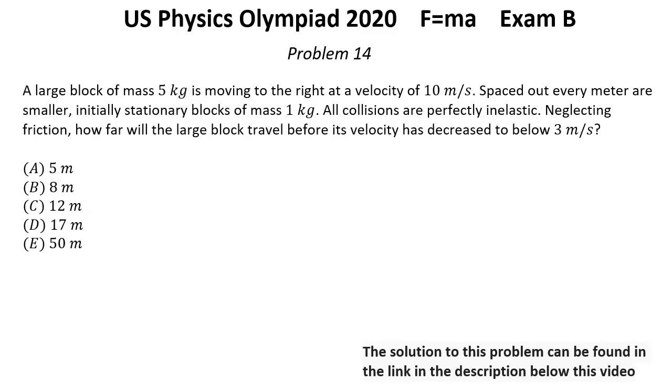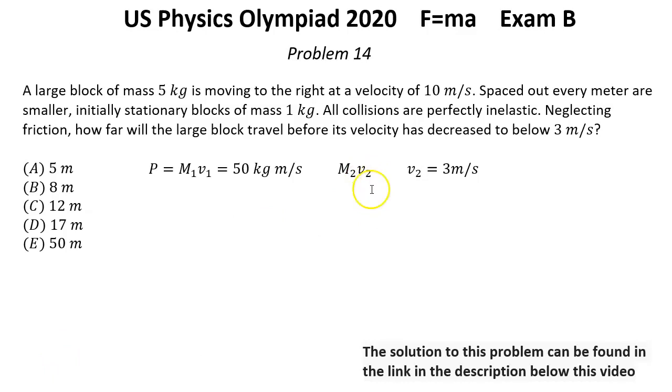Here we have momentum conservation. It means that the full momentum equals the mass of the large block multiplied by its initial speed, which is 50 kg meters per second. It means that total momentum is conserved. It means that it's equal to m2 v2, where v2 equal 3 meters per second.